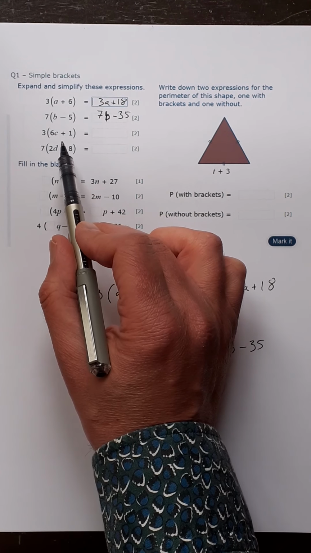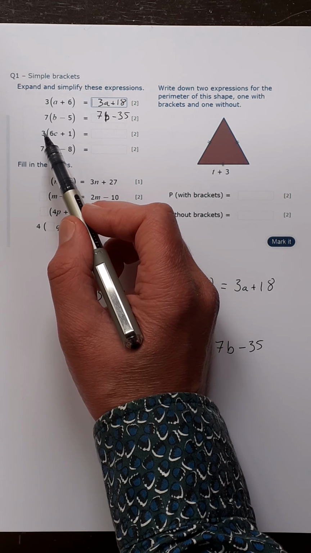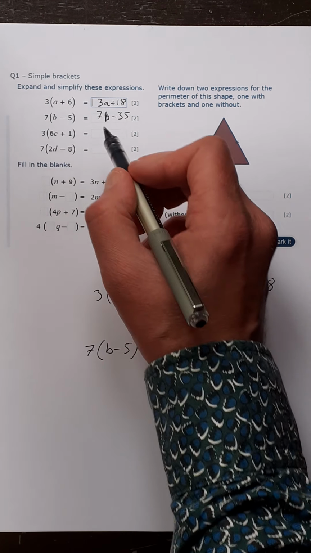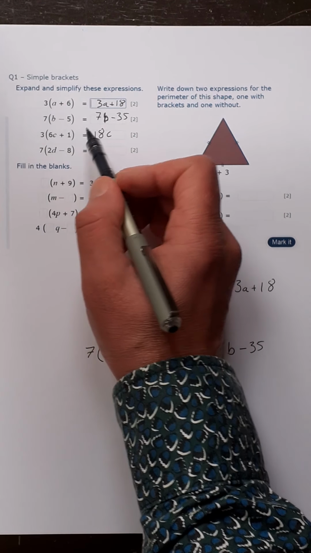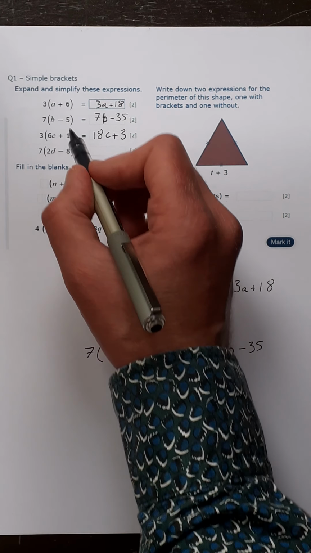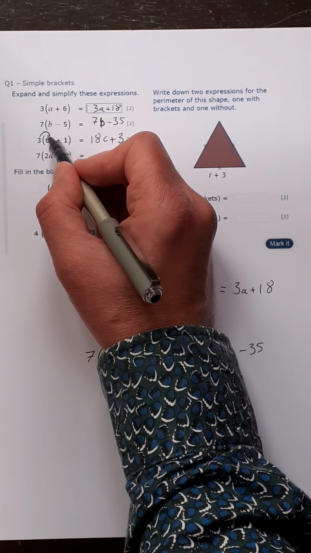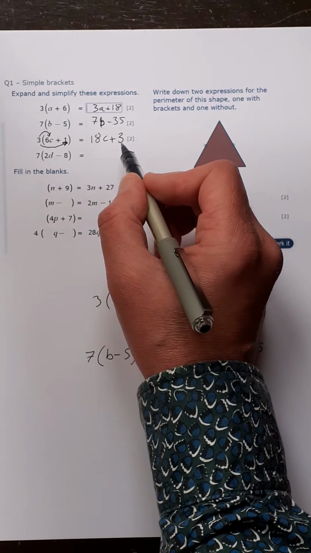This one, well, it's not going to take too much writing out, but let's see if I can think of a shortcut. 3 lots of 6c, that would be 18c. 3 lots of 1, that would be 3. See, I can do it by multiplying what's at the front of the bracket by each one of those things in turn.